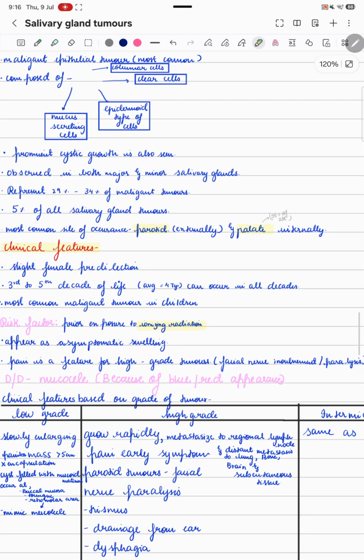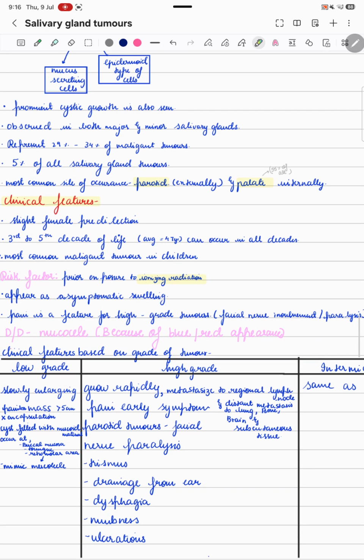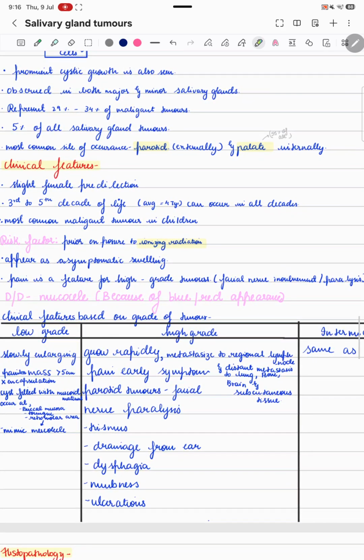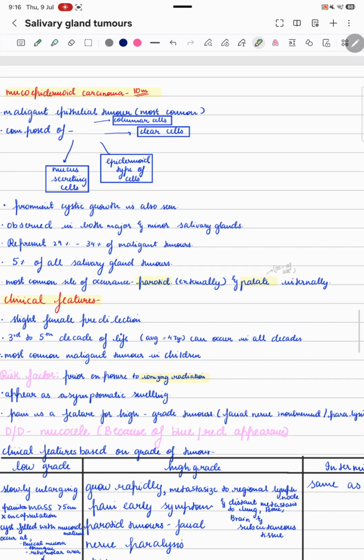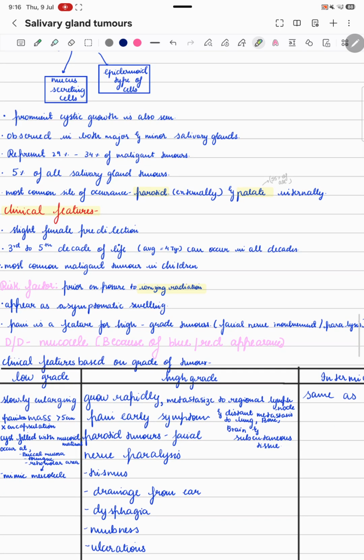It is a prominent cystic growth, and it is observed in both major and minor salivary glands. It represents 29 to 34% of all malignant tumors, which is very important data, and which says that this is a highly occurring malignant tumor.